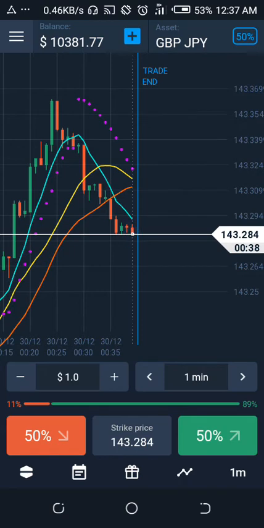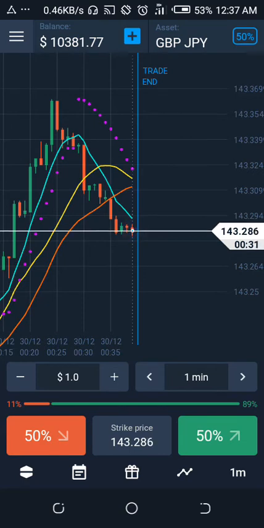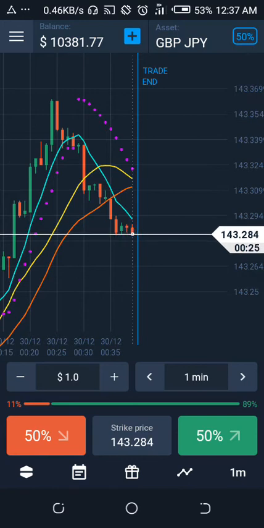The most important thing is that you apply the strategy at a good and most important time. The good entry is important in trading. Don't rush.